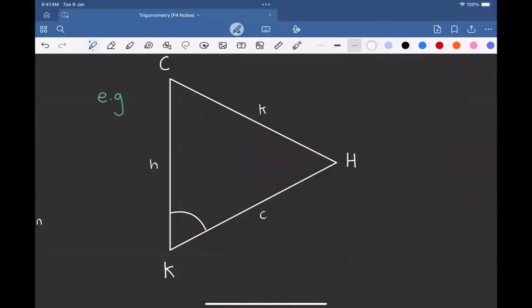Kiara, give me an angle for this. 56. Rihanna, give me a length for this. 45. 45 meters or centimeters? Centimeters.